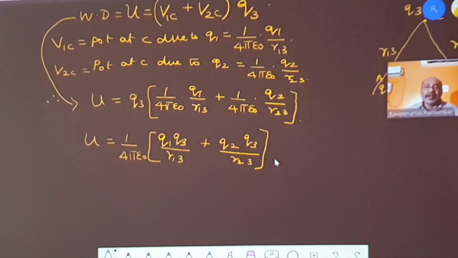This is the potential energy while moving Q3 from infinity to the point C. Let us consider this as equation 2.